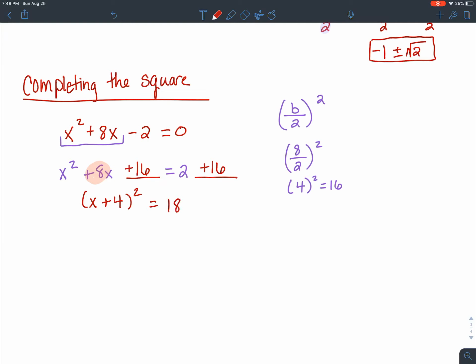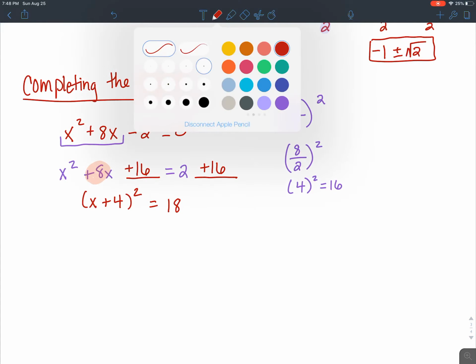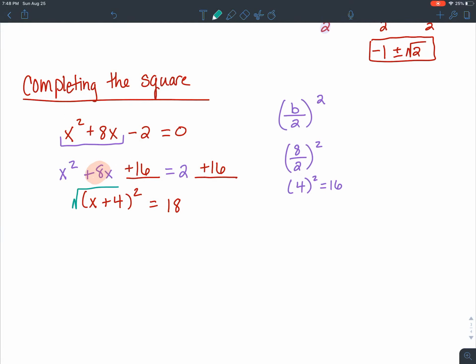Equals 18. Okay, to finish solving, all you got to do is square root both sides. X plus 4 equals plus or minus root 18. Why plus or minus? Because when you square something, it's plus or minus. Finish solving. Almost done. X equals negative 4 plus or minus root 18.